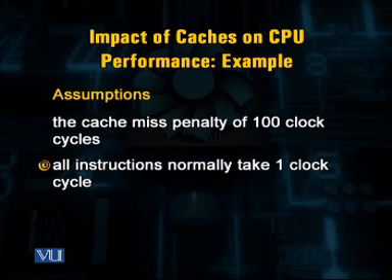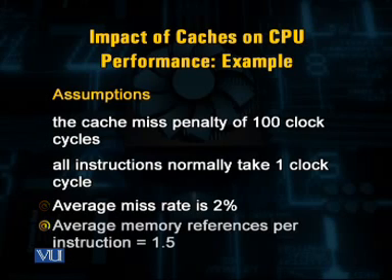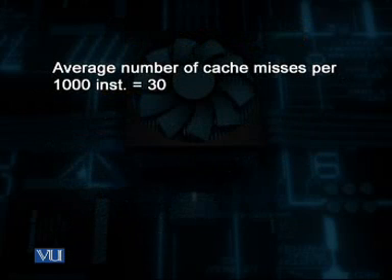All instructions normally take 1 clock cycle and the average miss rate is 2%. Then we assume that the average memory references per instruction is equal to 1.5 and the average number of cache misses per 1000 instructions is 30. Let us find the impact of cache on performance of the CPU by considering both the misses per instruction and the miss rate.